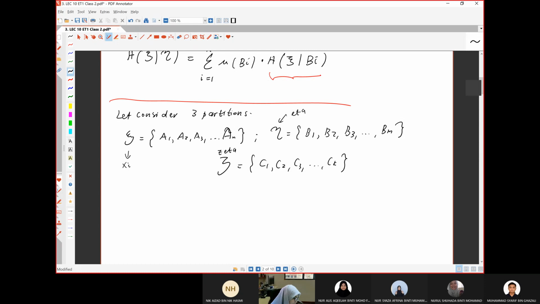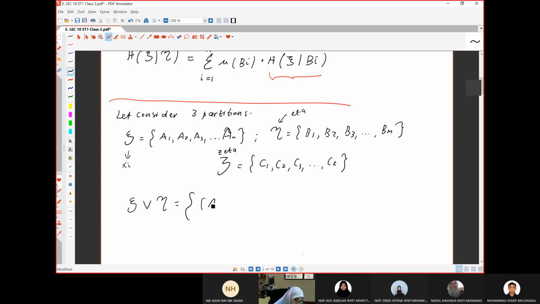Let's try to find the elements in the joint partition. So I try to join the partition psi with eta. According to the definition in the previous class last week, psi join eta means you have to consider all the possible intersections between the elements of both partitions.